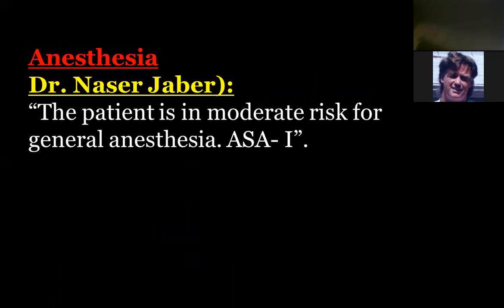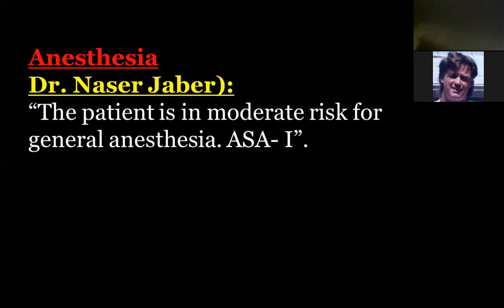The anesthetist at that time was Dr. Nasser Jabir, and he declared the patient fit as American Society grade 1. What does that mean, Dr. Mawia? Grade 1, so no problems, no complications. Perfect. Thank you. Actually, I mentioned last time the American Society of Anesthesiologists classification. They say 1 to 5. ASA1 means a perfectly normal life with no disease which affects daily activity whatsoever.